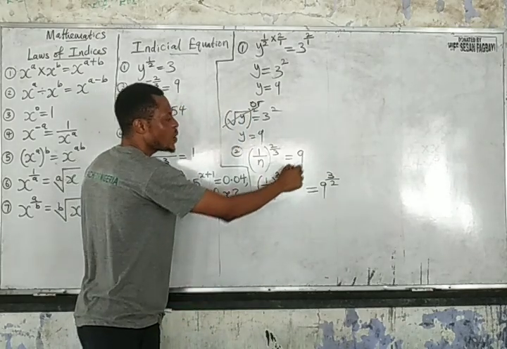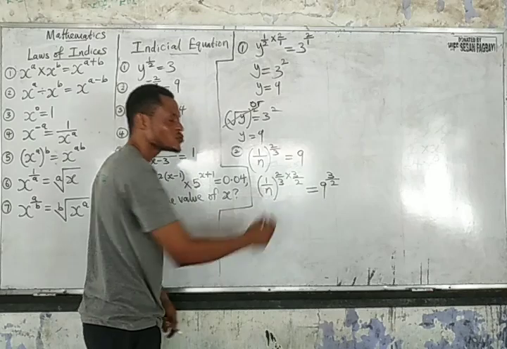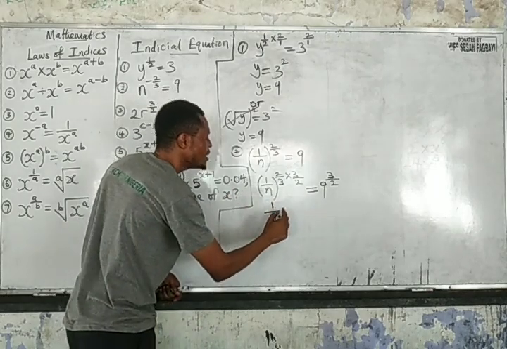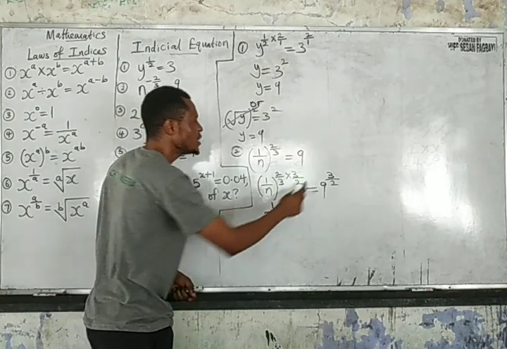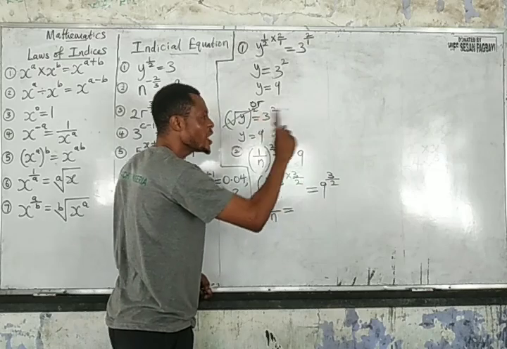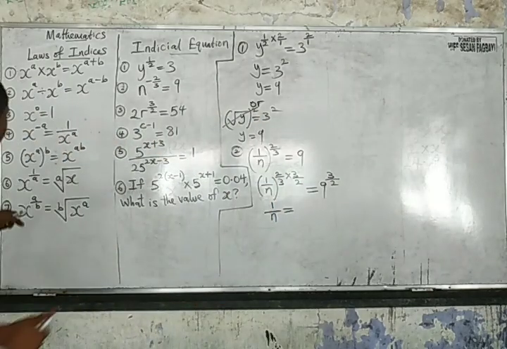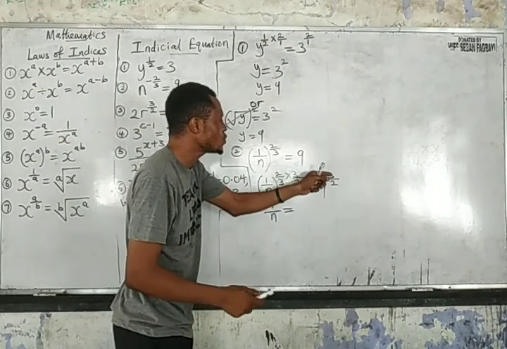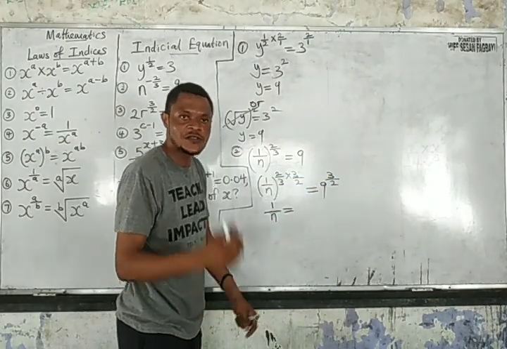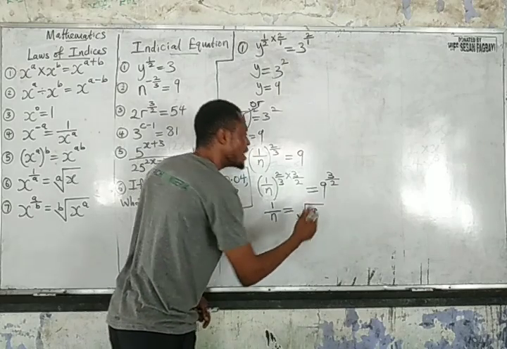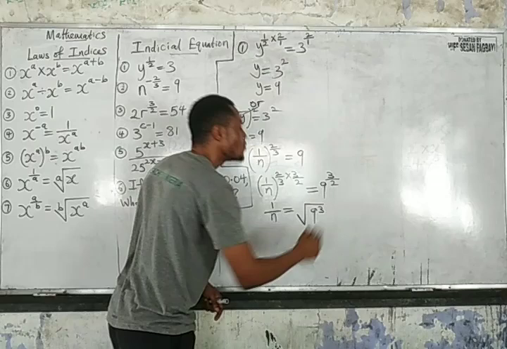Now 3 cancels 3, 2 cancels 2. Everything clear. We have 1 over n, all to give us 9 raised to the power of 3 over 2. So making use of the seventh law of indices, we have the square root of 9 raised to the power of 3. Square root of 9, then raised to the power of 3.